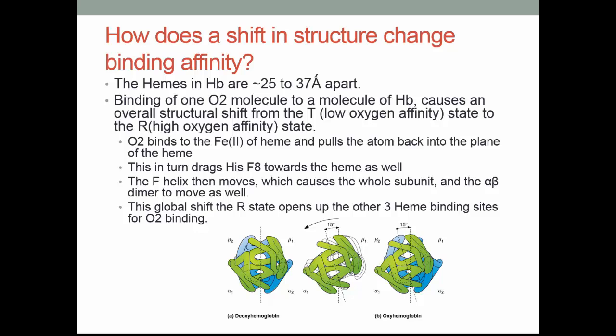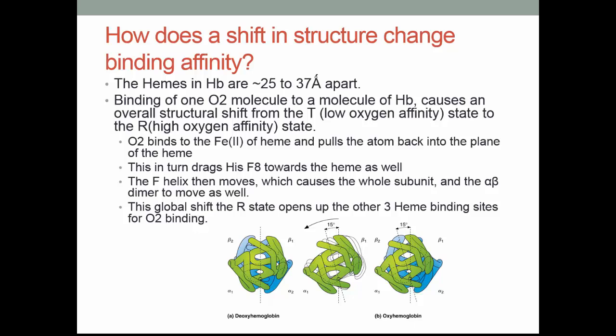The reason that it is harder to bind the first molecule is because to drive that dimer-dimer rotation, we need to first break a number of intermolecular interactions that stabilize the T state. But once those non-covalent interactions are broken, it is easier to shift to the R state and then bind additional oxygen molecules.